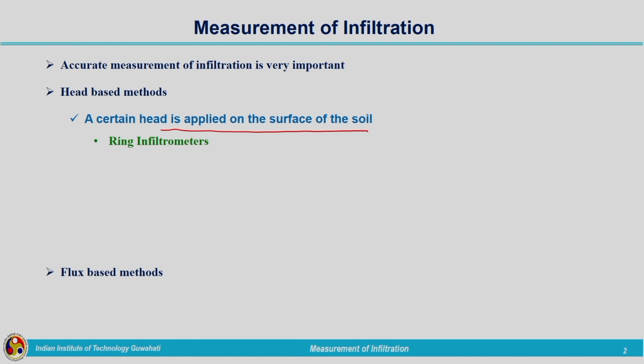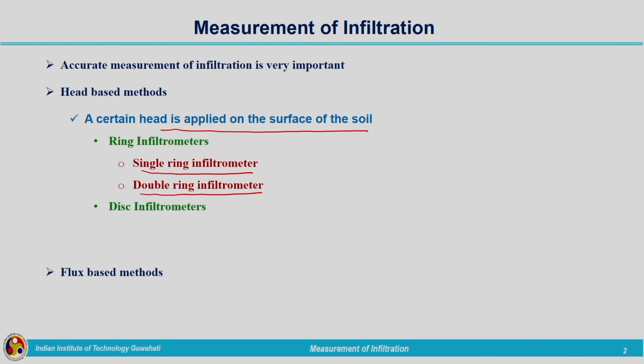Commonly used techniques are ring infiltrometers and disc infiltrometers. The conventional approach for head-based methods is the ring infiltrometer. Commonly used ring infiltrometers are the single ring and double ring infiltrometers. Two commonly used disc infiltrometers are the tension disc infiltrometer and the mini disc infiltrometer.